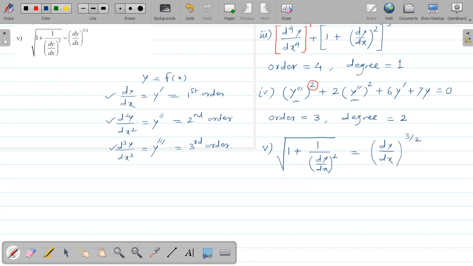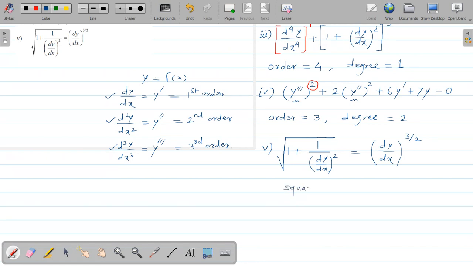Now first of all, if you observe this, then there is a fractional index 3 by 2 and here square root is given to you. So first of all, we have to remove this fractional index from both the sides. So to get the order as well as degree, especially degree if you want, then we have to remove the fractional indices mathematically. We have to square on both sides.